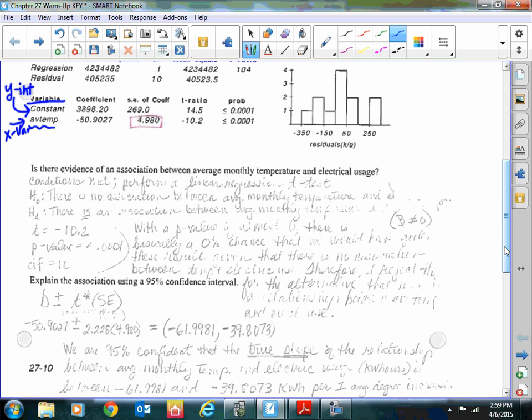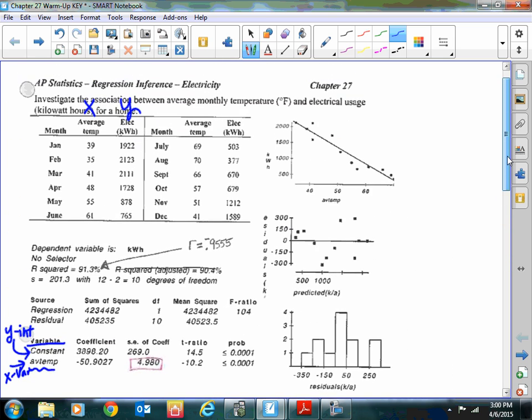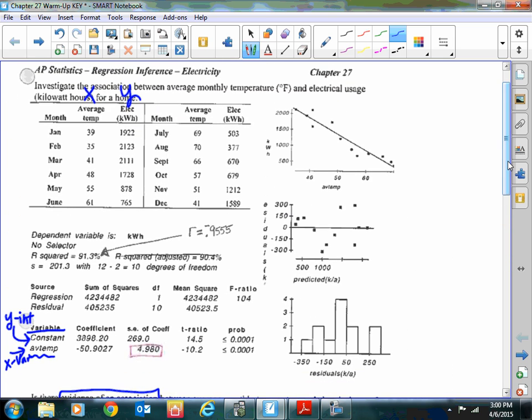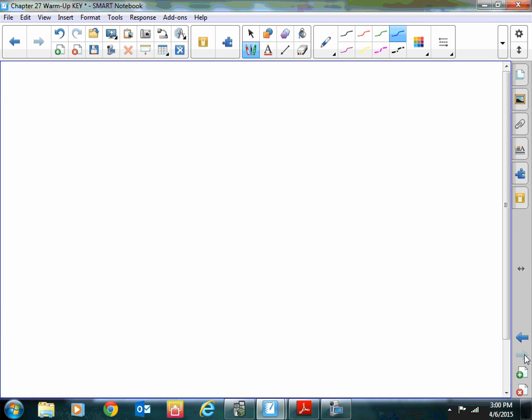The first question says, is there evidence of an association? Well, you remember that is statistical evidence. The only way to have statistical evidence is with a p-value, and that means you have to run a test. So we're going to go ahead and start this test and say, do our phantoms model.